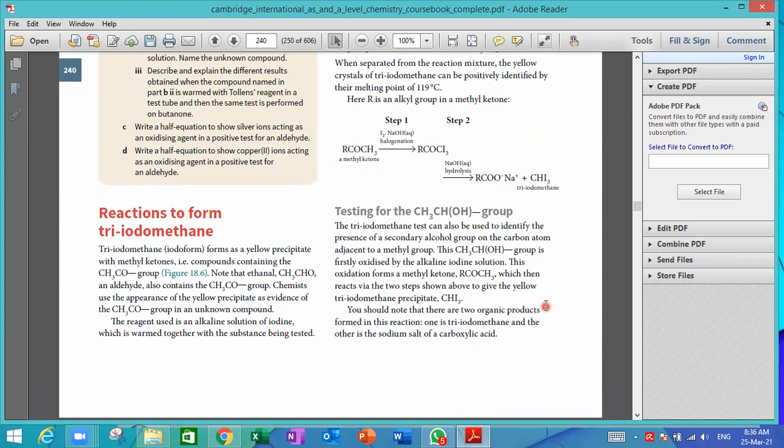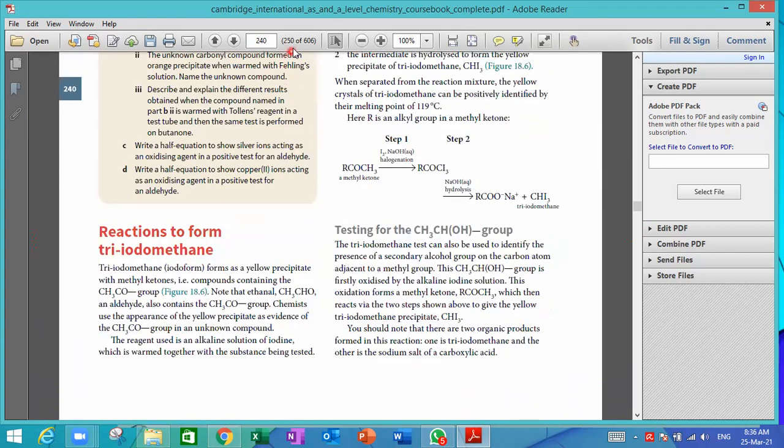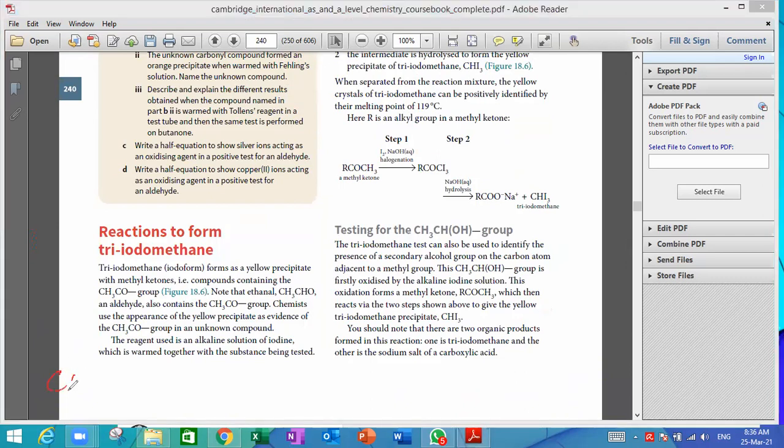Now, there is a reaction that is distinguishable for compounds that have a CH3 C double bond O group. This is only for this group. Of course, this could be present in a ketone, but the ketone should have a CH3 before the C double bond O group.